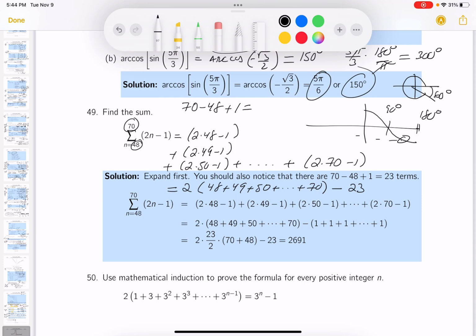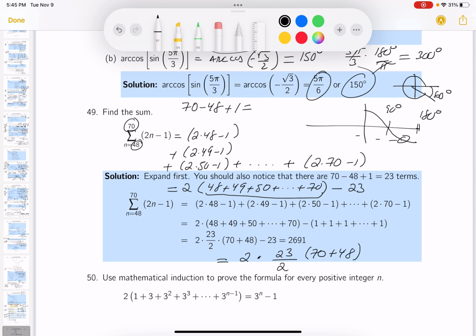All right? Now someone can say, oh, gee, what are you going to do now? Well, it looks like an arithmetic one, doesn't it? This is arithmetic. And I know there's a sum of an arithmetic series. I'm going to write this down for you. And what are you going to get? It's going to be 2 times, there's 23 terms, over 2, and then it's going to be 70 plus 48.